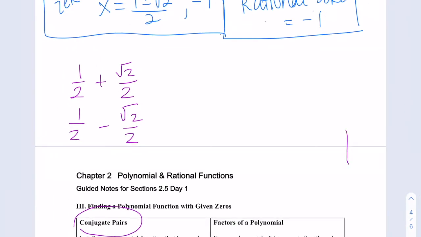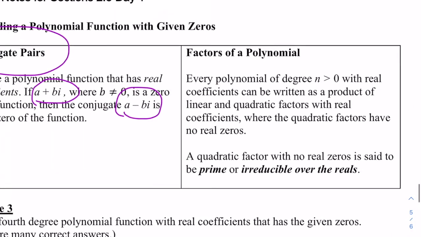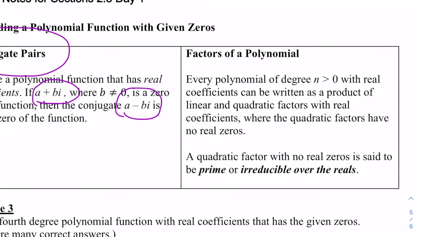And then when we consider factoring, just a review, you guys are used to factoring to make them irreducible over probably rationals. So when we consider real zeros, that means that we cannot have the zeros that include imaginary.